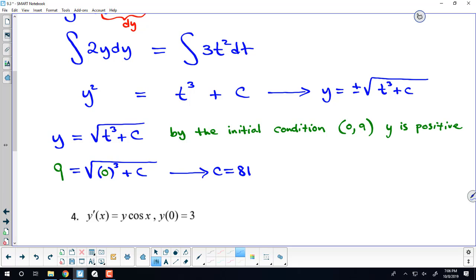The answer is no, because the square root doesn't operate on sums and differences. The square root of t cubed times c, we could write as the square root of t cubed times the square root of c. But the square root of t cubed plus or minus c isn't the same thing as the square root of t cubed plus or minus the square root of c.